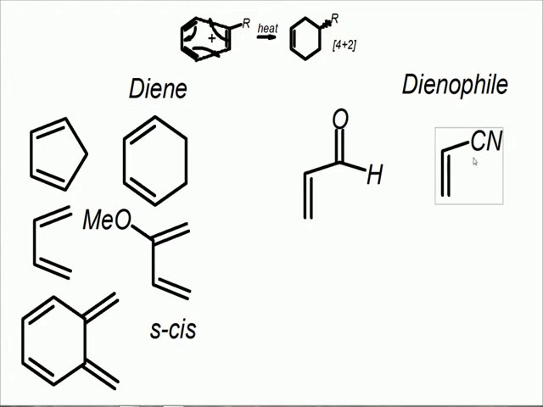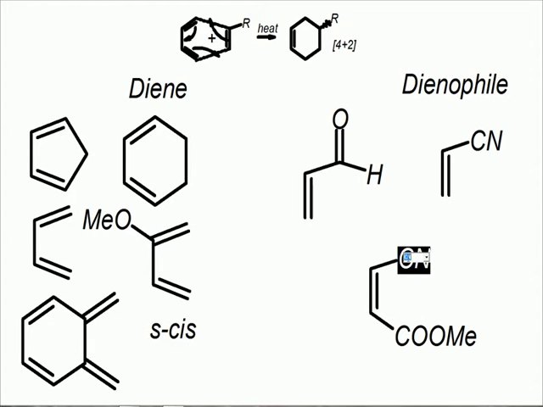Now you can get a little funky from here. So another one you're going to see pretty frequently is this thing where you have esters on both ends. This is still a dienophile. The esters are sucking off electron density, making this an electron poor double bond.